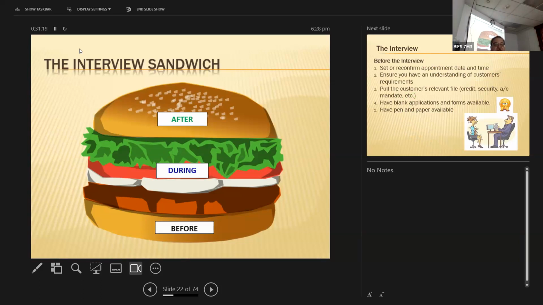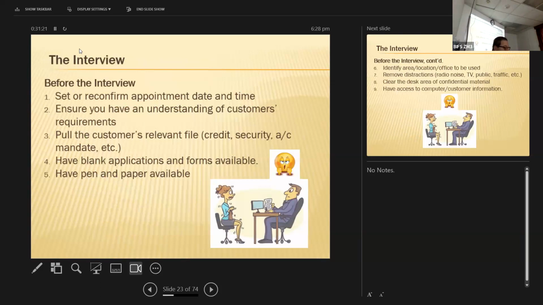So let's look at the interview. What are some of the things we do before the interview? You set and reconfirm the appointment date and time. If you're initiating, you call the client and set the date and time with them. If it's a client calling in, you also set the date and time.